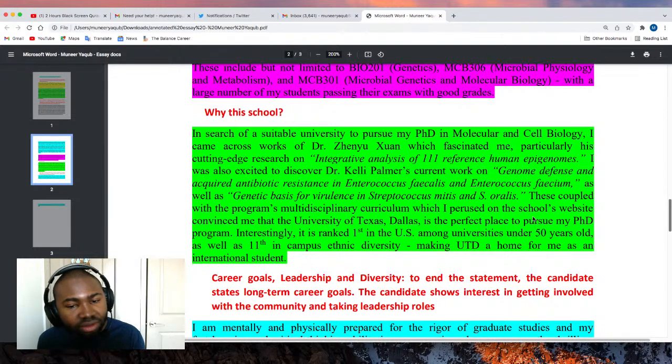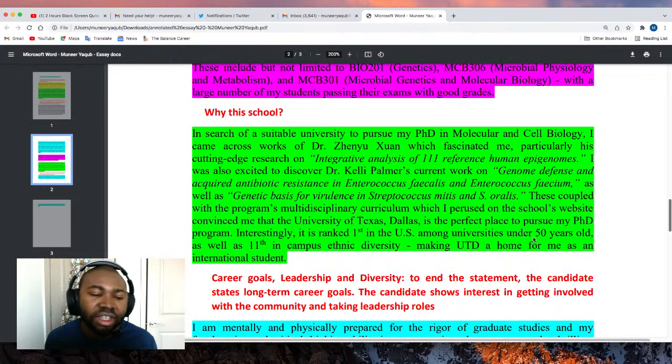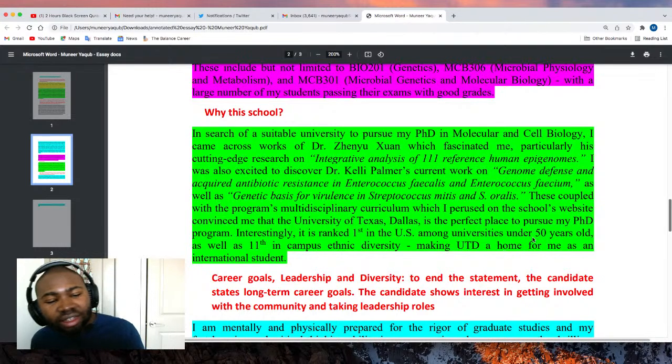That was the second reason. Now, the third reason I gave was, interestingly, that it is ranked first in the US among universities under 50 years old, and it is ranked 11th in campus ethnic diversity, making UTD a home for me as an international student.